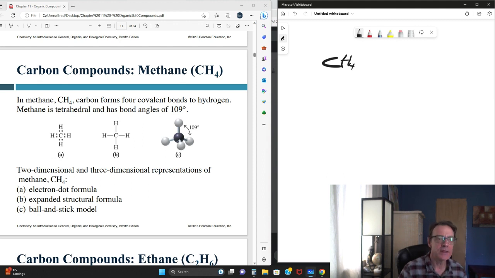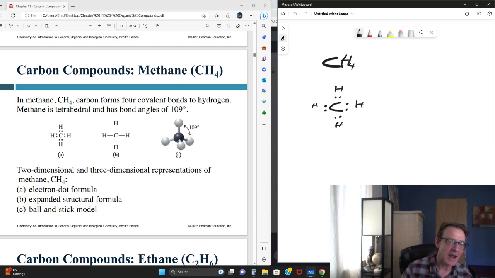That is the IUPAC name for methane. Okay, and let's see if we remember. Carbon, of course, has its 4 valence electrons. Okay, remember that from looking at the periodic table, group 4, and each hydrogen has a valence electron. It's willing to share with the carbon. And we've now represented 4 covalently bonded hydrogens to that carbon, forming methane.